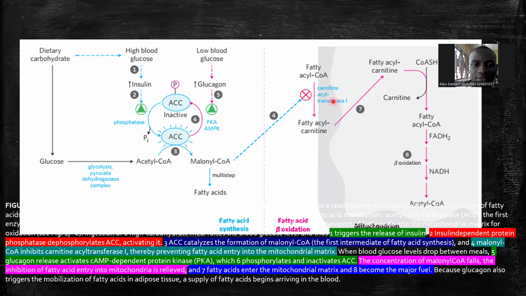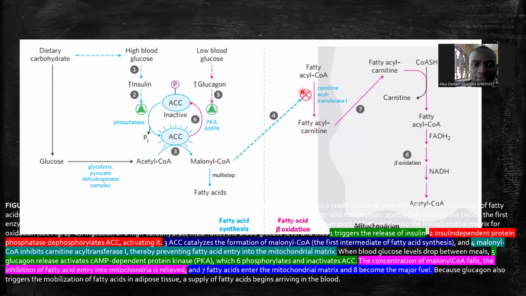You know what carnitine acyltransferase does, right? Transports fatty acid from the outer membrane of the mitochondria to the inner membrane of the mitochondria. While carnitine acyltransferase 2 transports the carnitine, now that it has transported fatty acid already, the carnitine alone will be brought back to the outer membrane to do the action again. So high levels of malonyl-CoA can inhibit this enzyme. You understand? Okay.